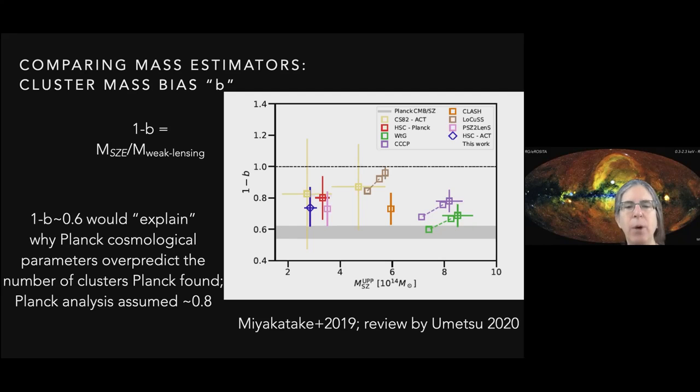You see the CLASH point, a typical mass for that sample is 6 × 10^14 solar masses. There's some other, Weighing the Giants is one of the first studies. The CCCP clusters are the purple points, and some other recent analyses are also plotted there.